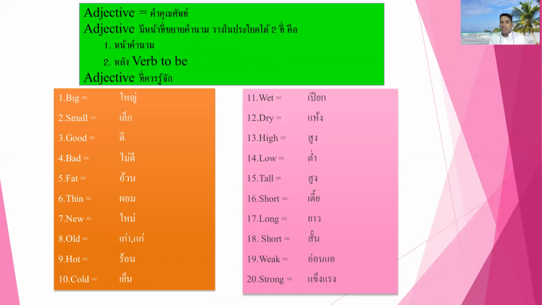Number 12, dry. Number 13, high. Number 14, low. Number 15, tall. Number 16, short. Number 17, long. Number 18, short. Number 19, big. Number 20, strong. In total there are 20 words about verb to be.